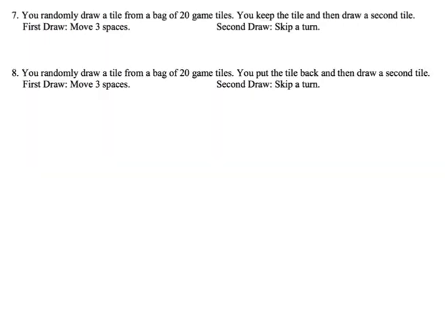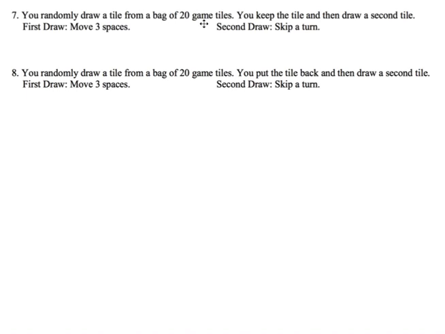7. You randomly draw a tile from a bag containing 20 game tiles. You keep the tile and then draw a second tile. The first tile says move 3 spaces. The second tile says skip a turn. Okay. All right, let's consider this. So if there's 20 game tiles, you pick one, and if you keep it, there's only 19 game tiles left.